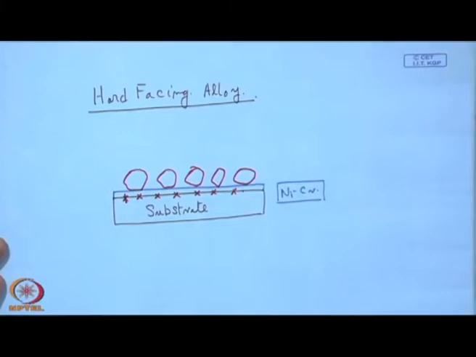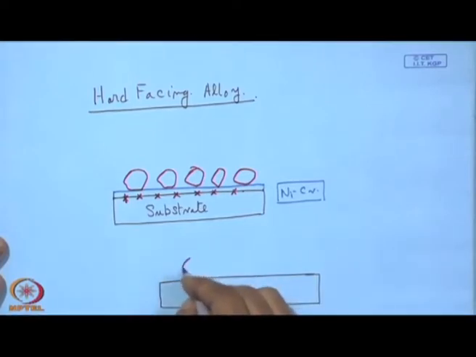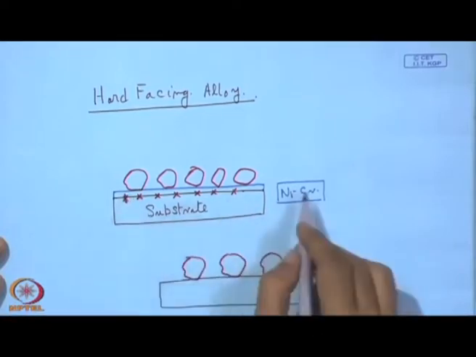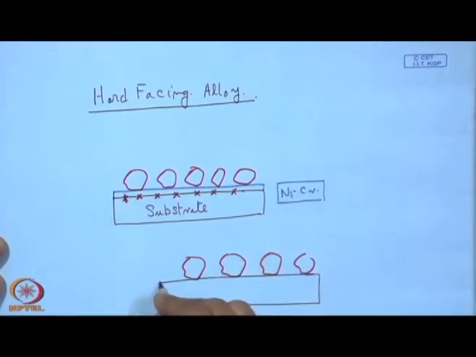But the most important thing, what is our expectation? If we just redraw this sketch, after melting, what is going to happen? So, these are the diamond crystals, and this nickel chromium material will melt and climb up the diamond surface like this.